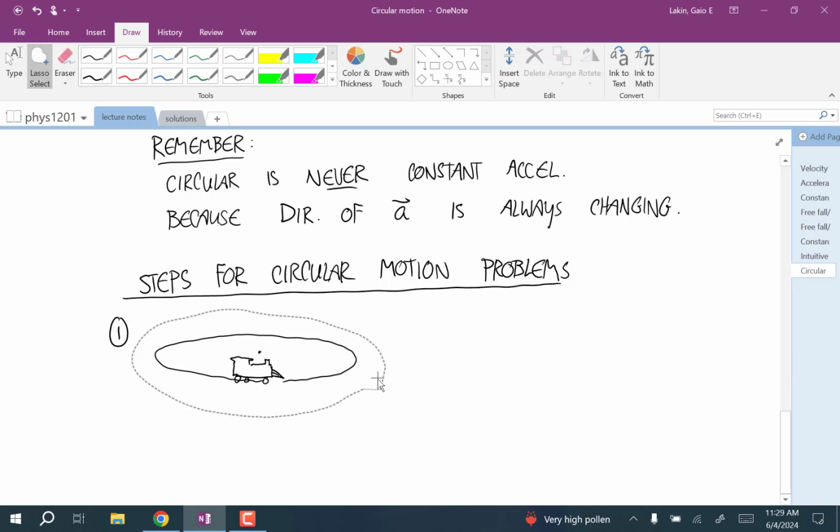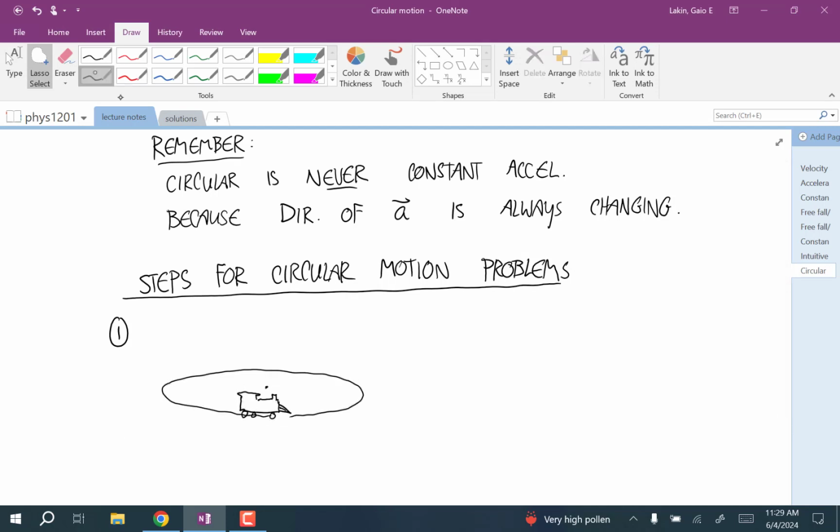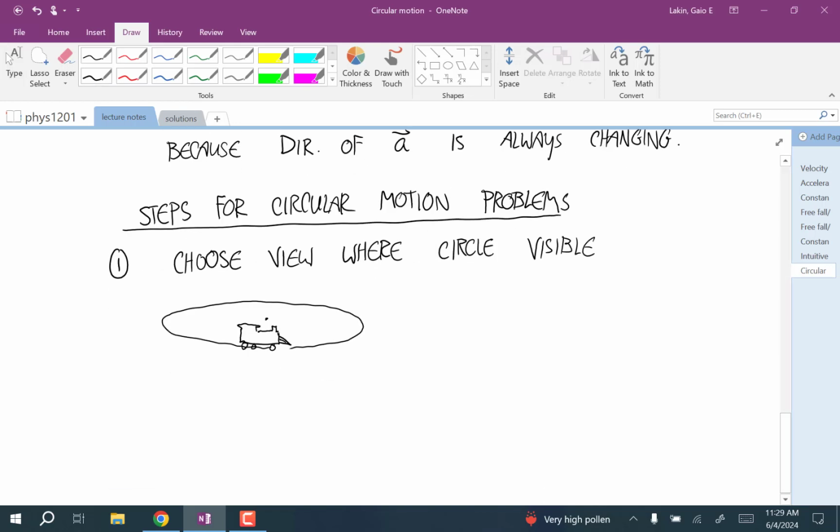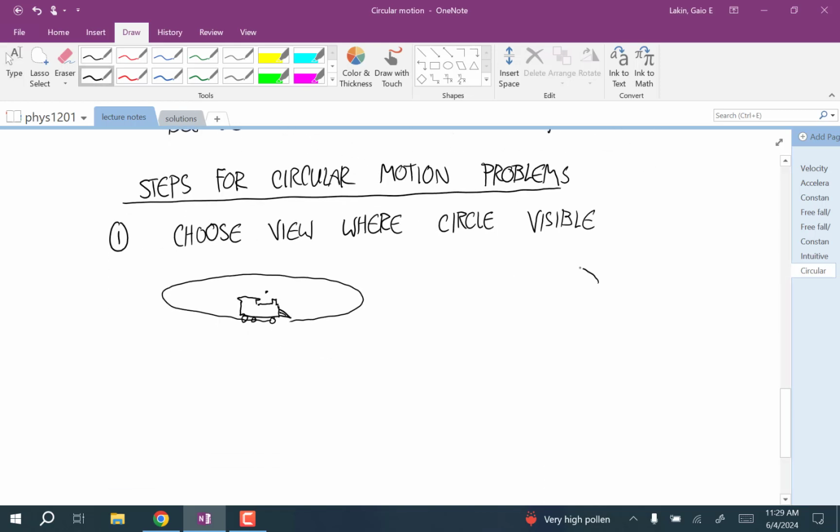So the first thing we are going to do is choose a view where the circle is visible. Okay, well, in this case, that means either a view from above or from below. I guess I would normally do a view from above.